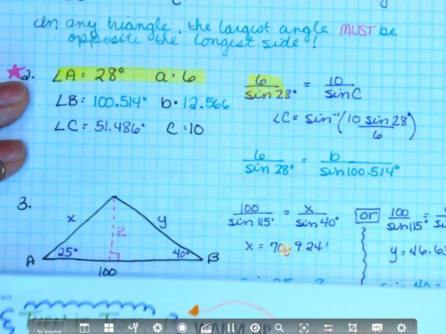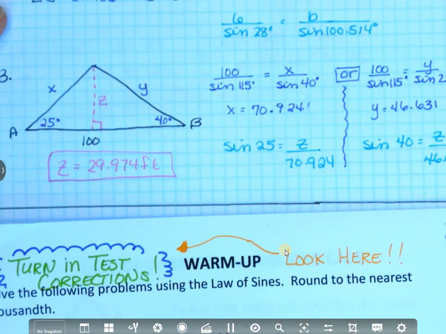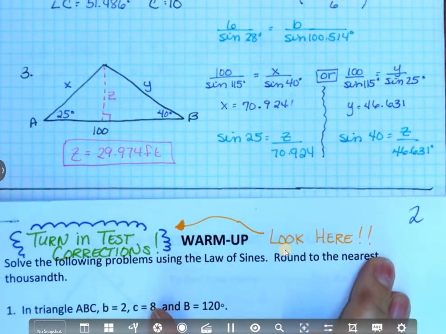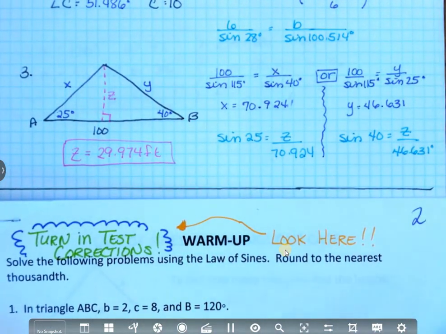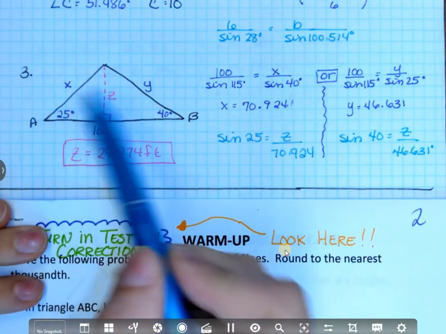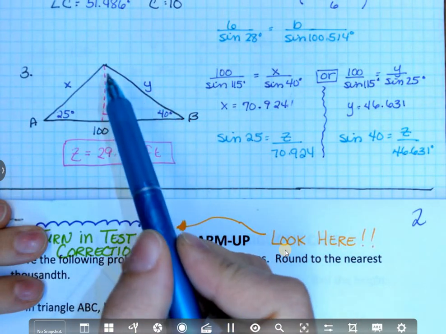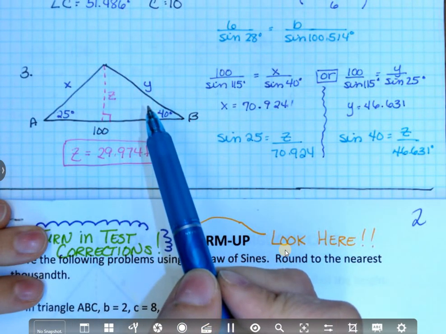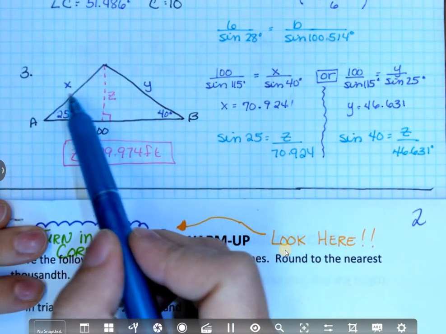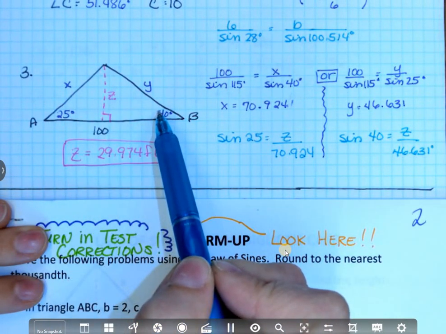All right. And then for the third problem, I've got a lot of extra work here because you really didn't need to do all of this, but I couldn't tell which one you were going to do. So no matter what, you had to start by finding either this side here or that side there. One or the other was required. If you're going to solve for this side, then your angle side pair pairs up with the 40 degrees.